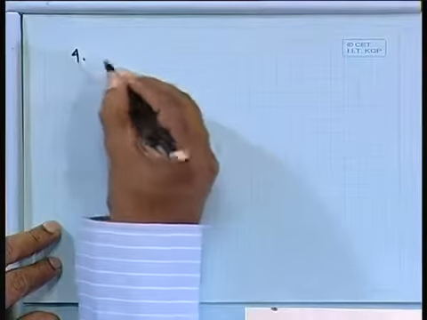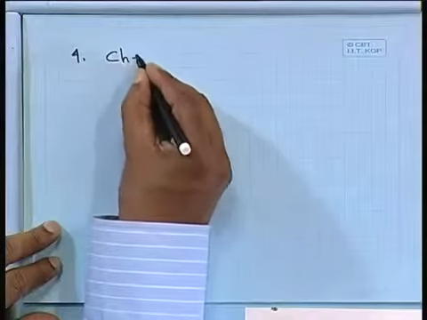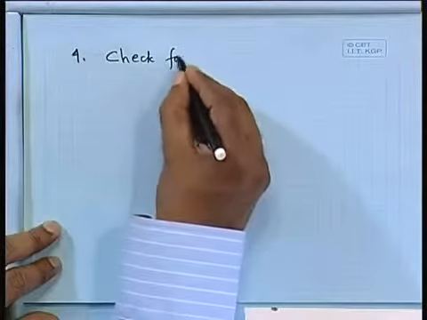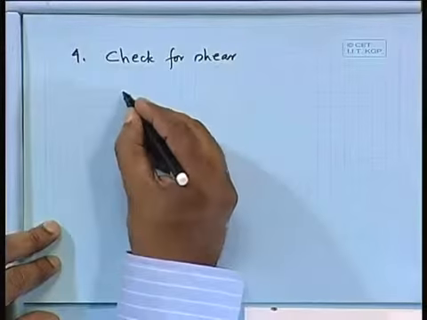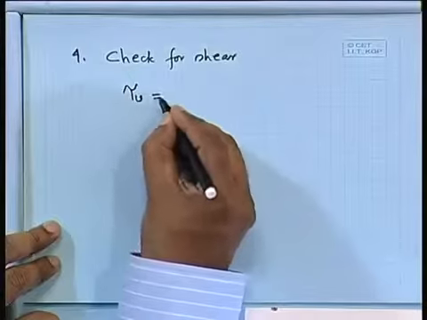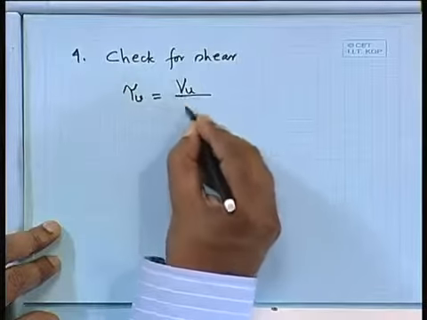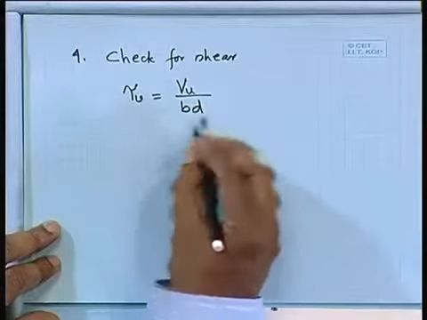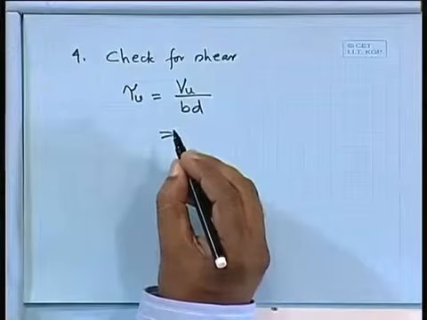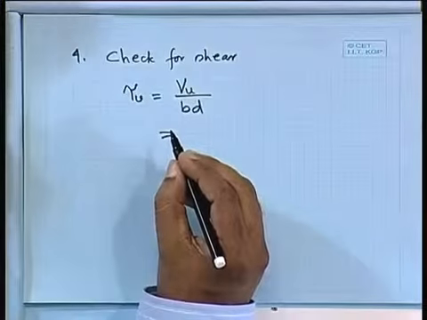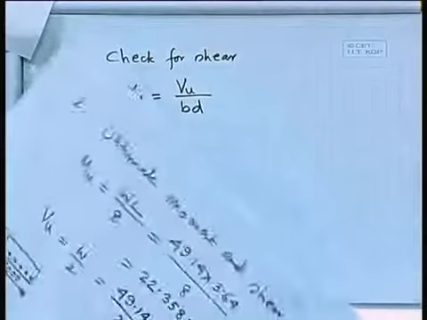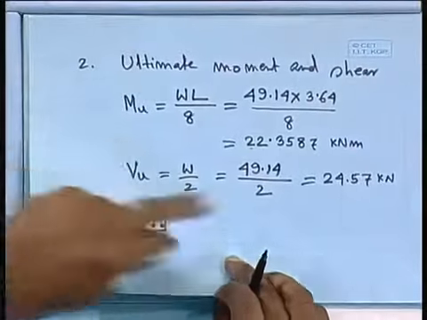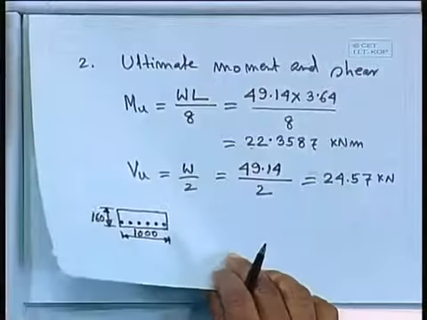Number 4, check for shear. So what about tau v? Tau v equal to Vu by bd. Once more, let me show you that Vu equal to 24.57 kilonewton.